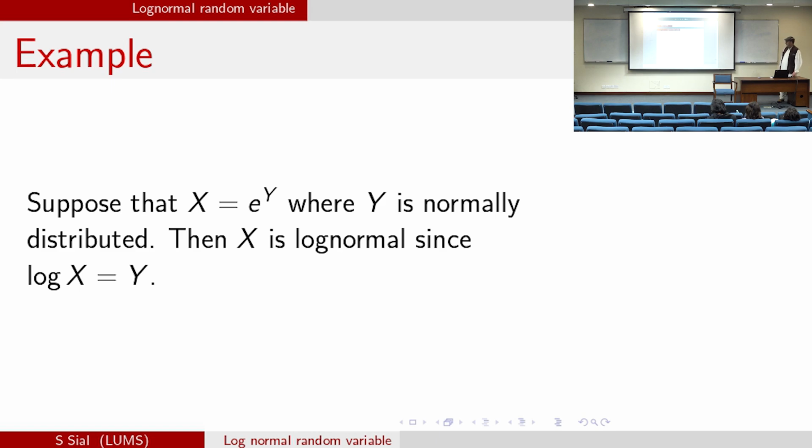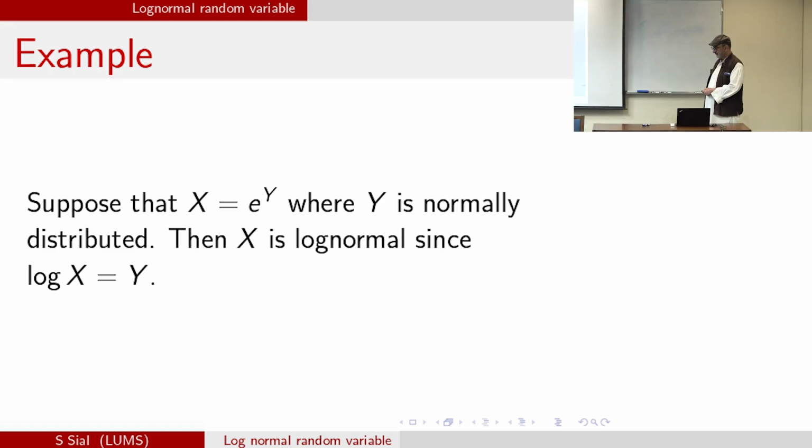Now, if we take the logarithm of that x, we get y, and y is normally distributed. So random variables of the form x equals the exponential of y, where y is a normal random variable, these x's are log normal.